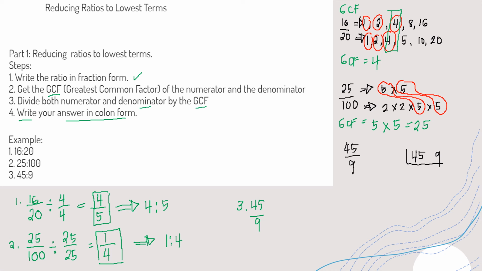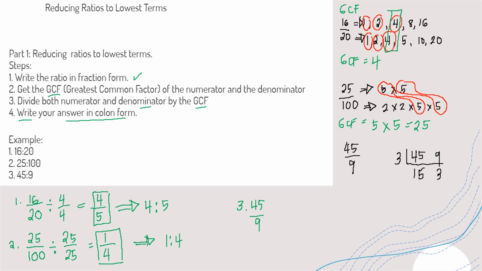I will divide 45 and 9 by 3, because both of them can be divided by 3. 45 divided by 3 is 15, so I will write 15 at the bottom. 9 divided by 3 is 3.